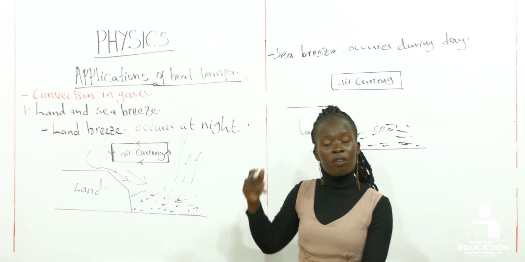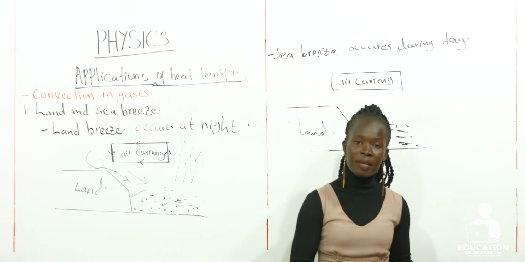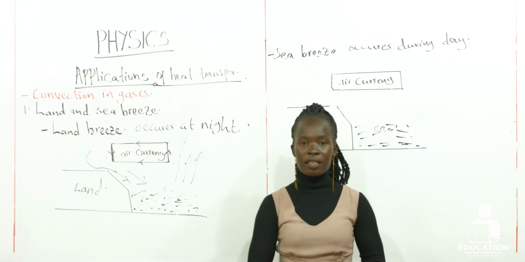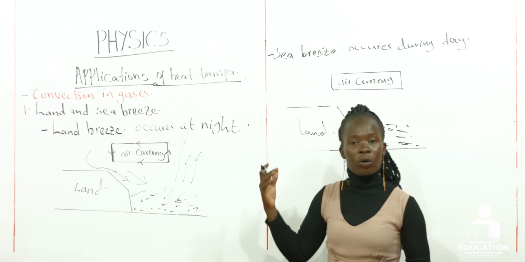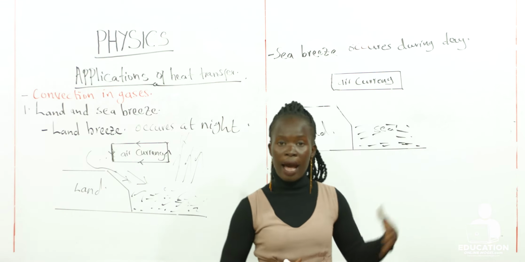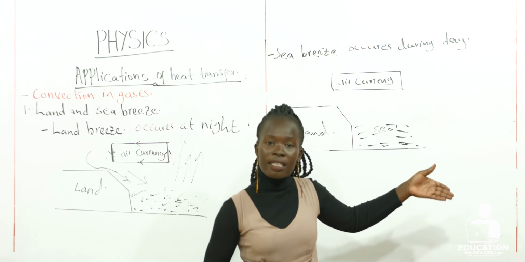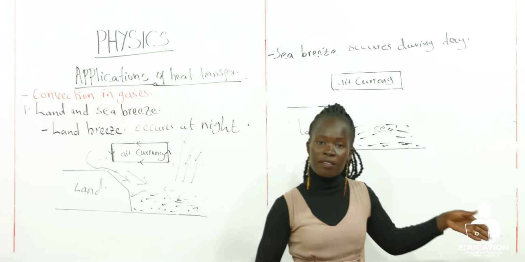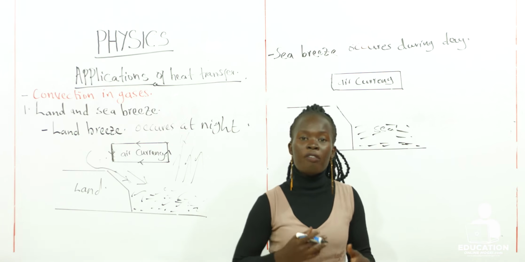When they come, they fall on the water body, and at the same time on the land. But because the land is a good absorber of heat, and it has a lower specific heat capacity than the water, this land is going to warm faster.